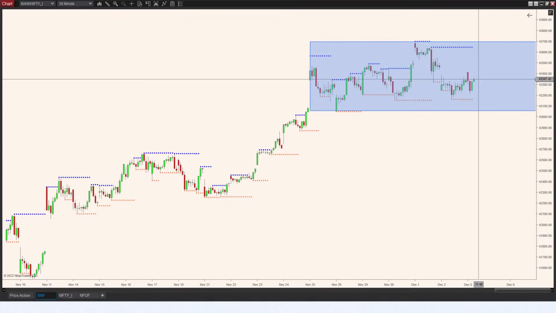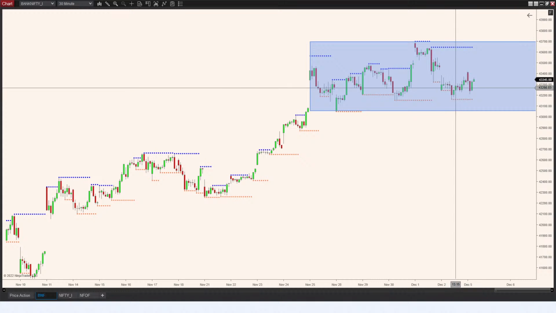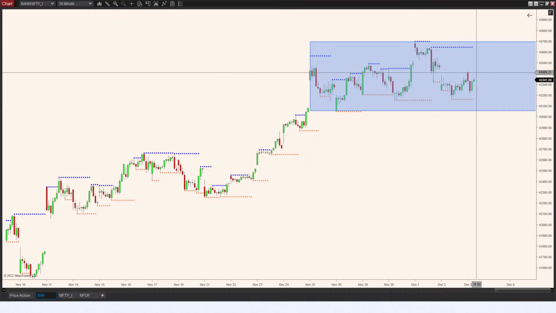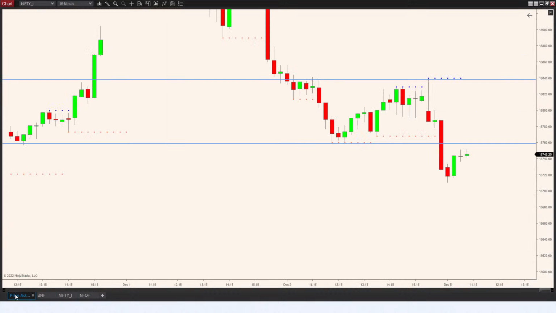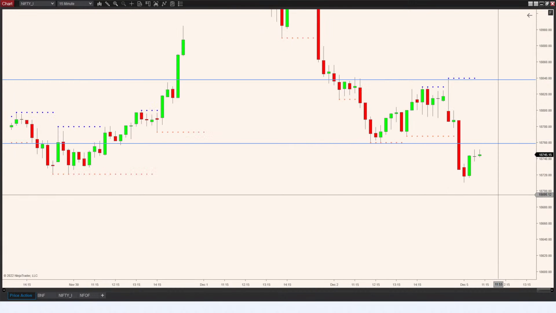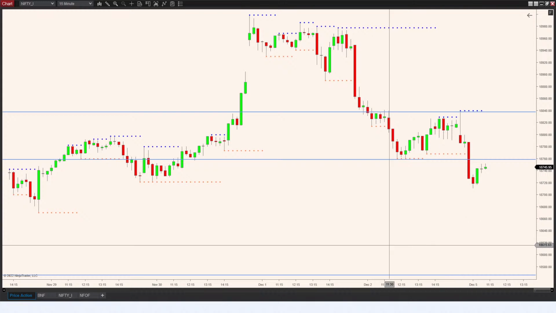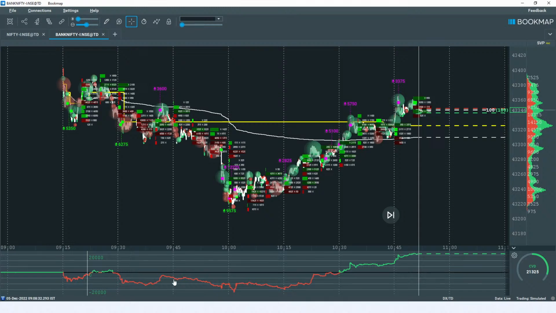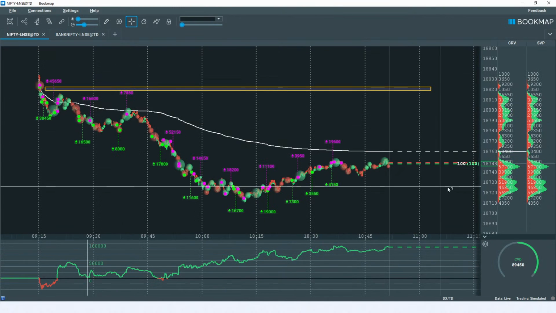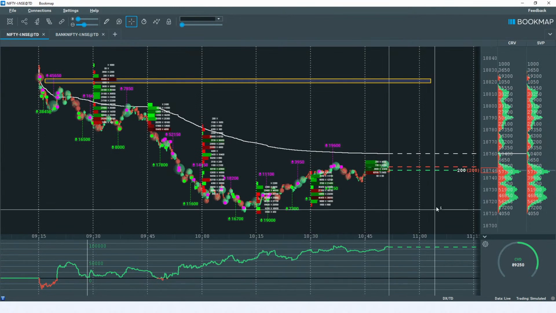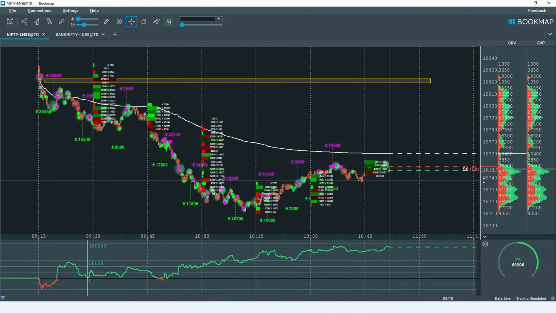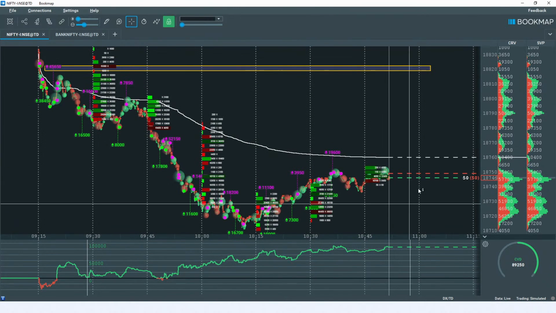No, it's still a kind of choppy movement in Bank Nifty, but Nifty is decisive in terms of the downward momentum. It's still moving in the downward direction. Just give me a moment.